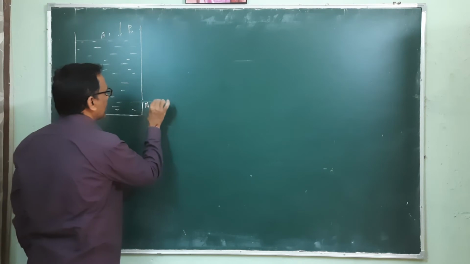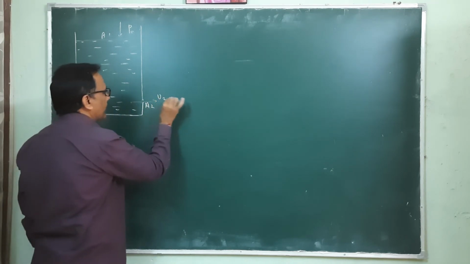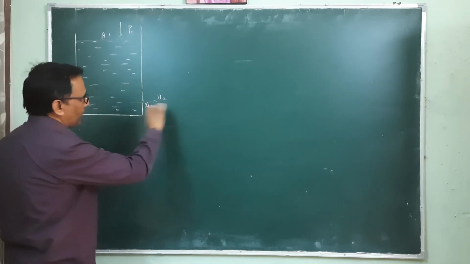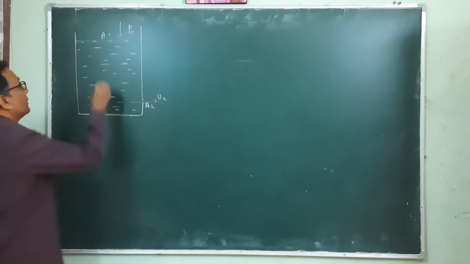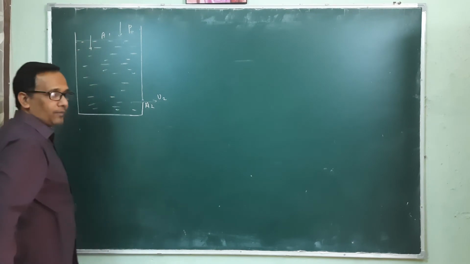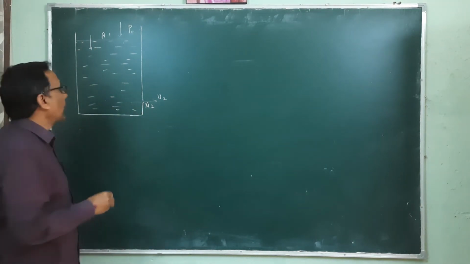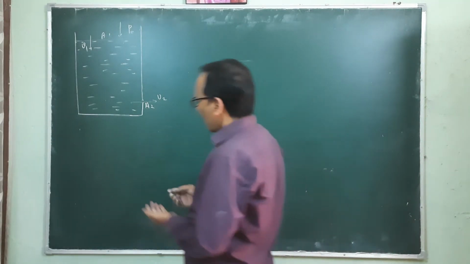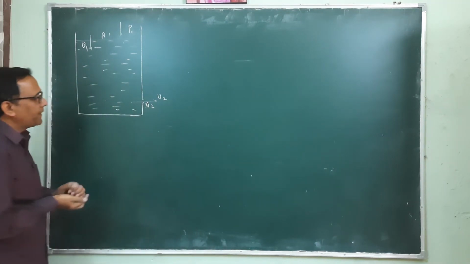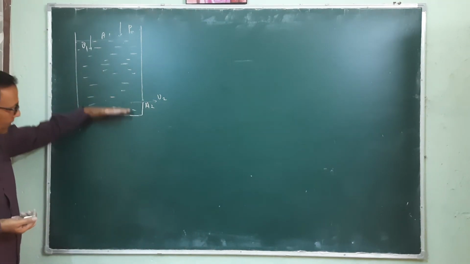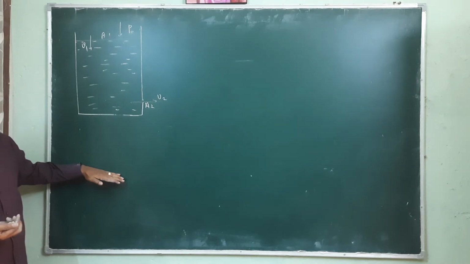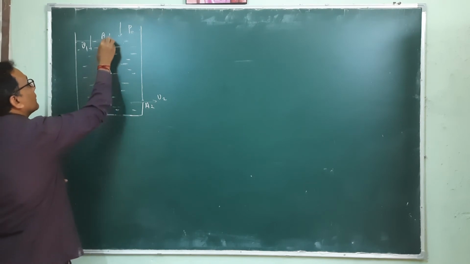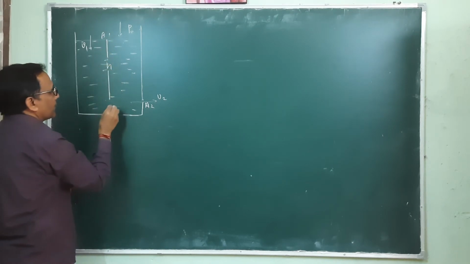Liquid is coming out from this with velocity V2. We have to calculate this velocity V2. When the liquid comes out, the level of the liquid will move downward with velocity, let's say V1. Let us take this as a reference point, avoiding the liquid below this level. So the height up to this level is h.